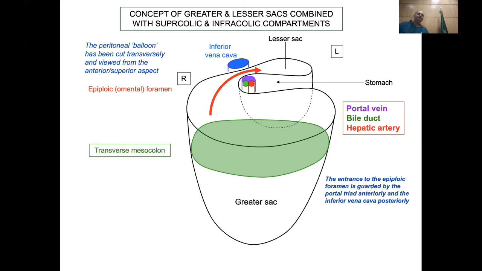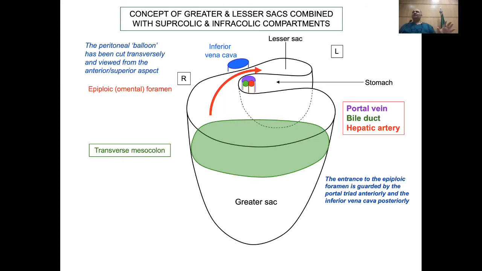Now, this is the transverse mesocolon. What is that? The mesentery of my transverse colon. I call it the transverse mesocolon. The same mesentery, the mesentery which goes and encloses my transverse colon. So I can say now, the transverse colon is an intraperitoneal organ.